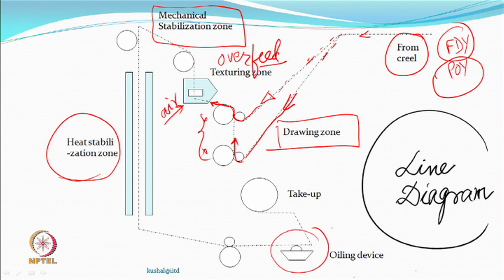an oil application device. In case something has been lost, then you have already learnt the lesson in the false twist, this may be replenished. So, if you look at this whole machine, it looks as big and as complex a machine as any other machine. So, you have a creel from where the things will start. The creel will obviously have detecting systems, whether the yarn is broken or not broken, whether it is being fed, and then you can take it through.